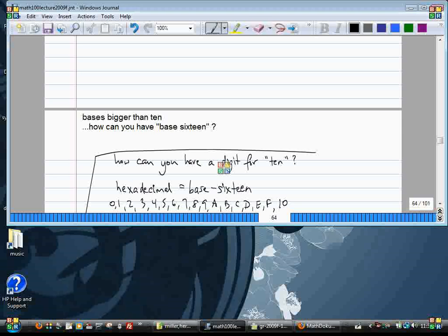Well, see, this is the trick, because what's tricky about bases bigger than base 10 is that we have all the digits that we're used to, plus we have other ones. So there's no such thing as saying you would never write 97, because of course you can write 97. You really have to think about it in reverse.